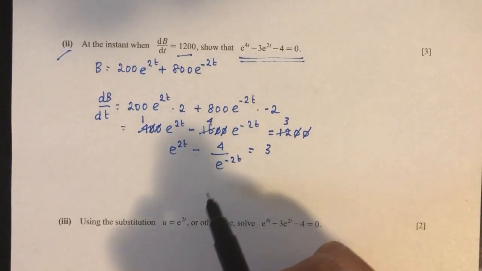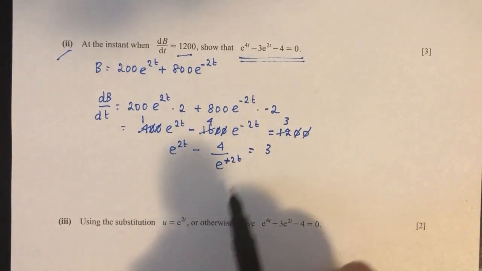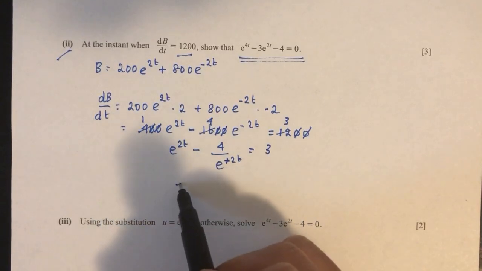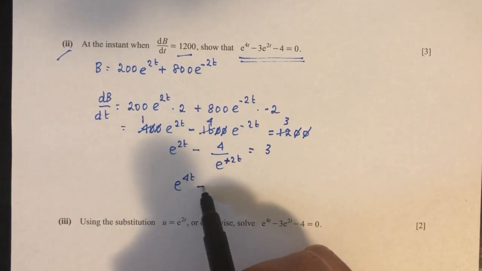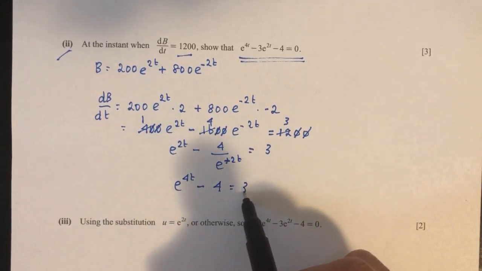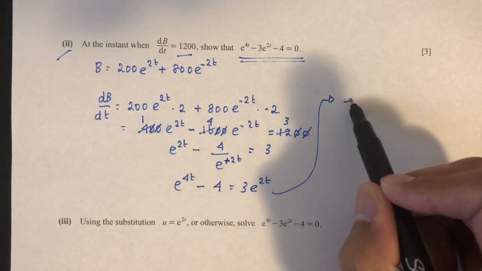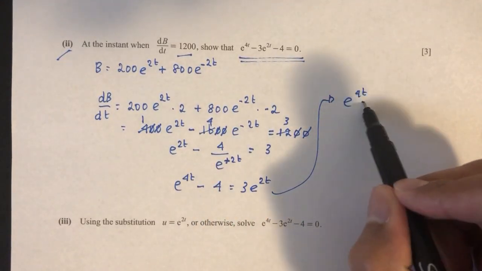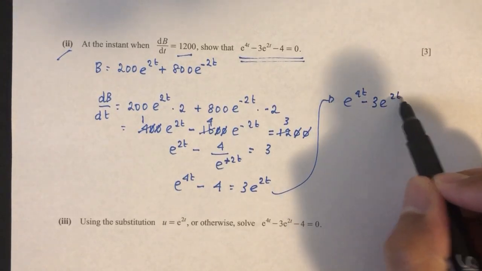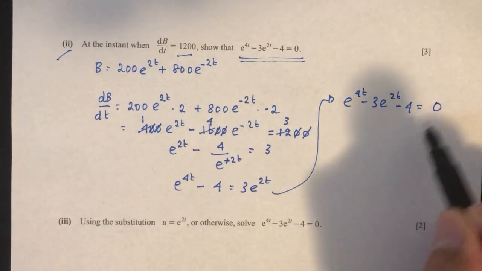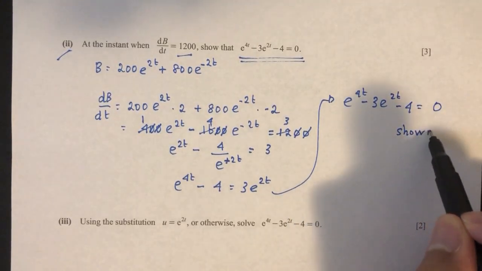Now if you multiply this everywhere, that will be plus. You will have e^(4t) - 4 equal to 3e^(2t). So from this, you will have e^(4t) - 3e^(2t) - 4 = 0. So shown as required.